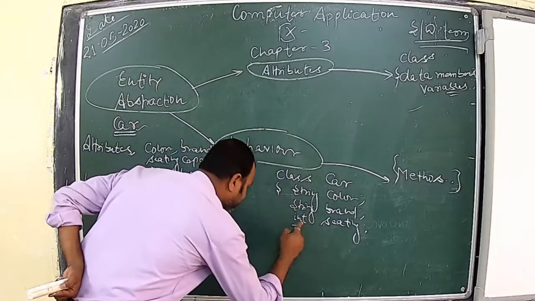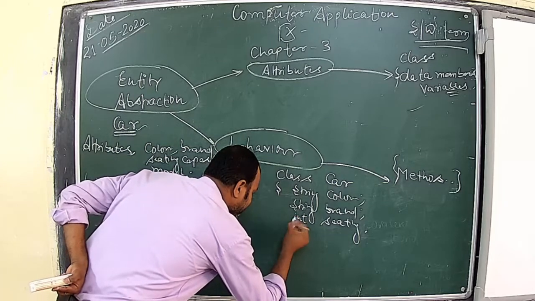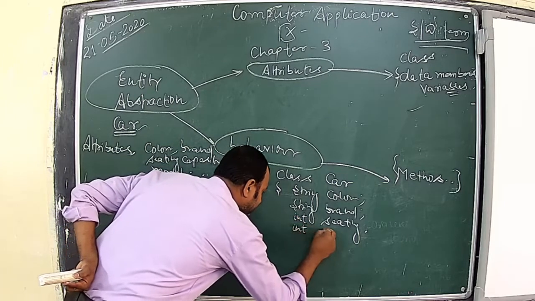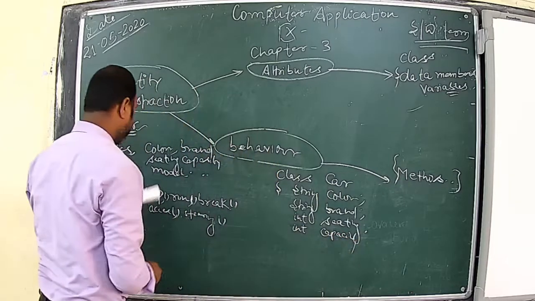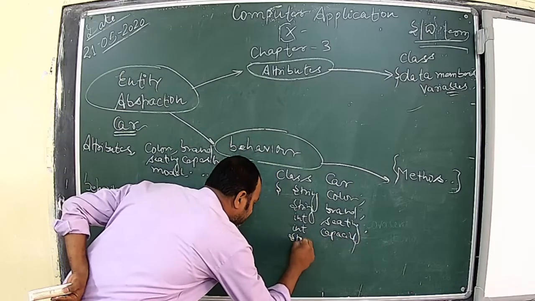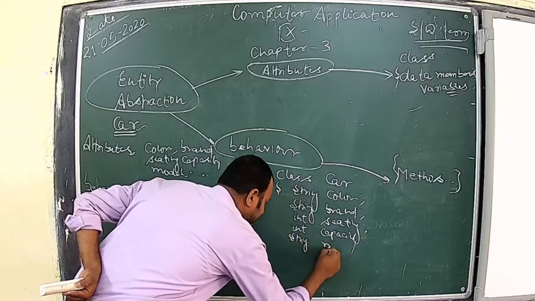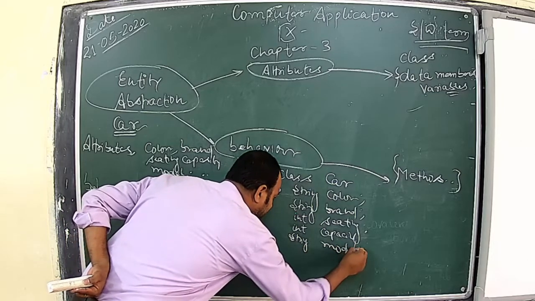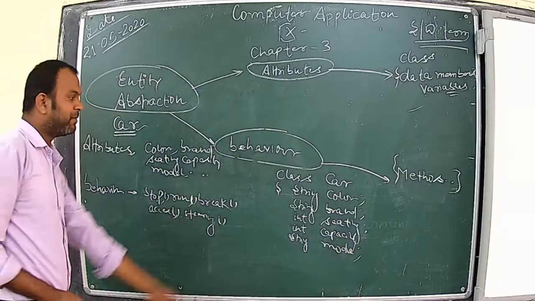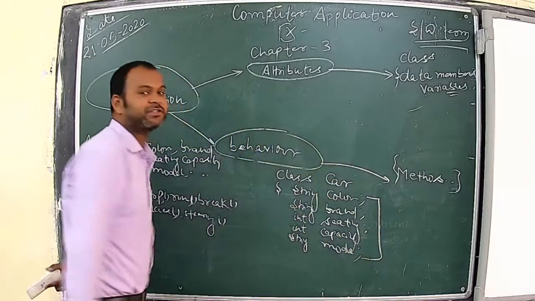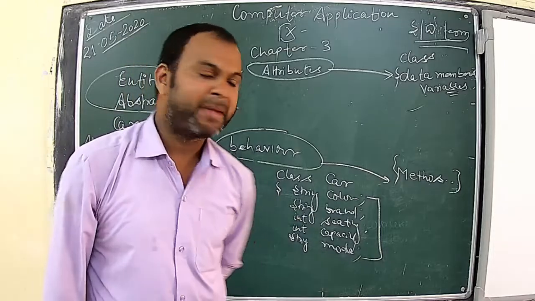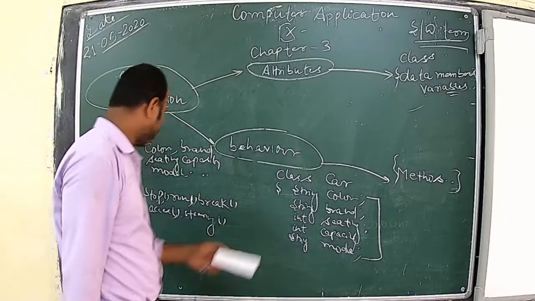So that also would be int capacity. Then model number. So this model also may be a string, so string model. So now I've implemented attributes using different data members, different variables.